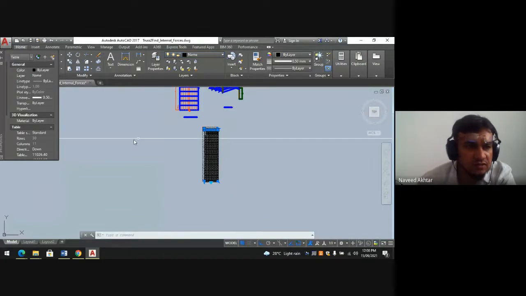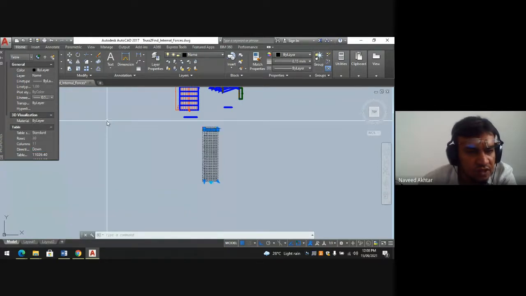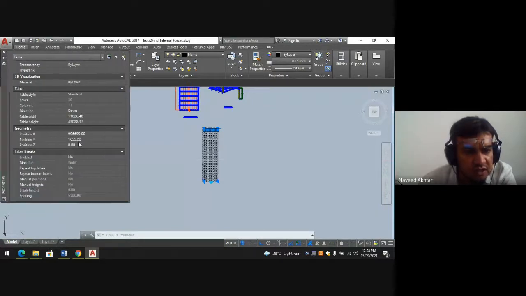Line type, line width you can reduce. Now the table has a standard number of rows and columns. These are the properties of the table which we are changing for our table: width, number of columns, position, geometry.